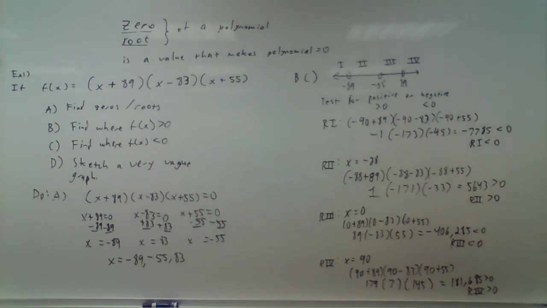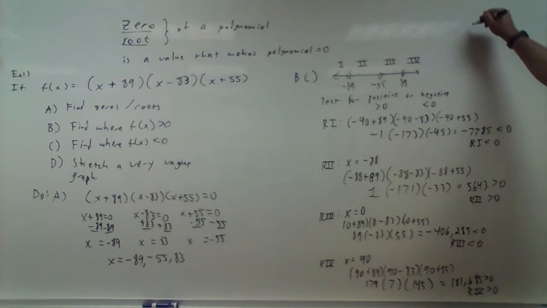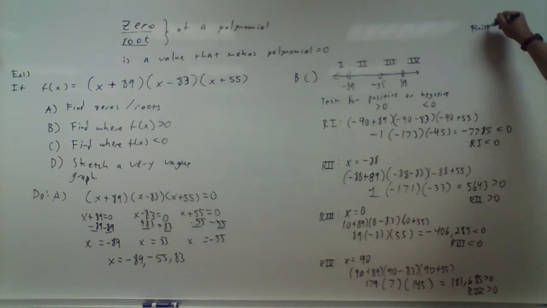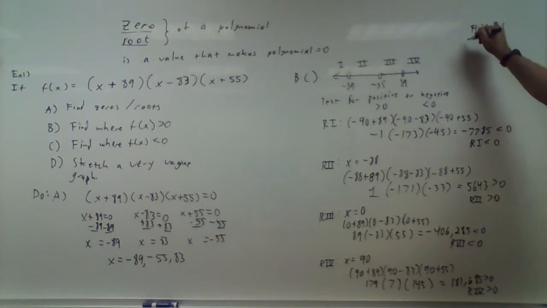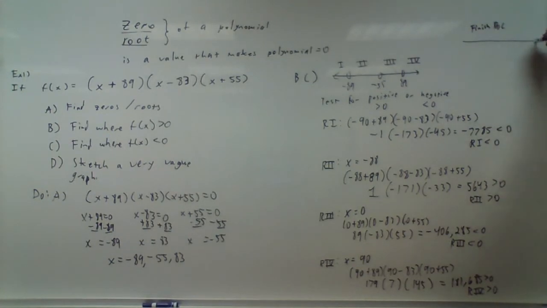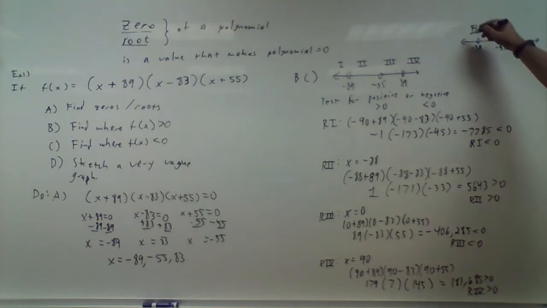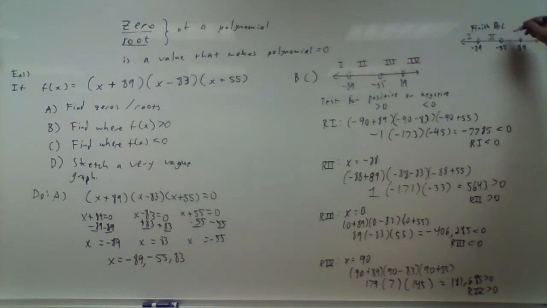So I propose to finish C here. Okay? Negative 89, negative 55, 89, open dots, region 1, region 2, region 3, and region 4.